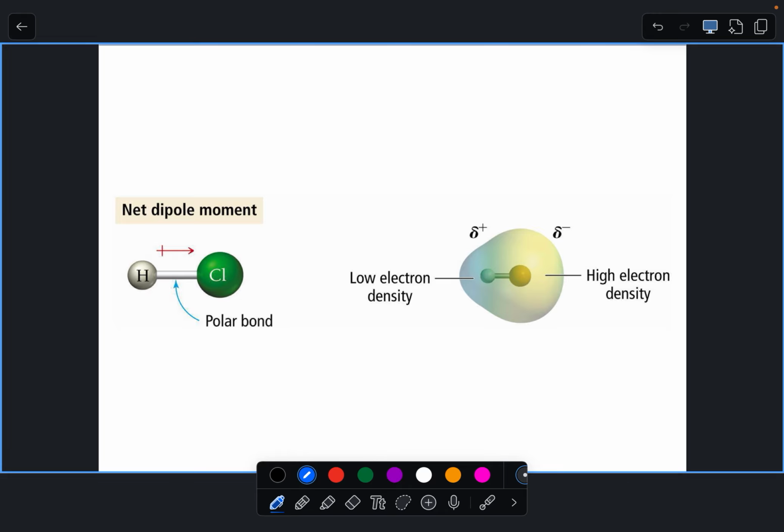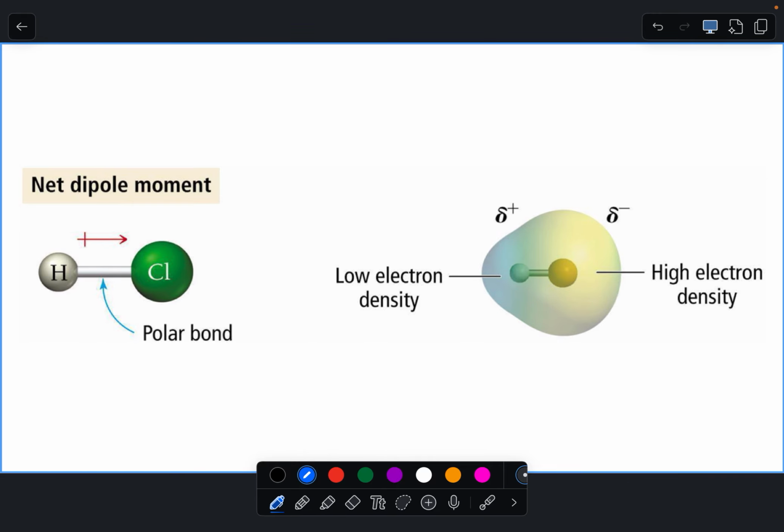So in both of these, we're trying to show HCl. This is the picture we were maybe most familiar with from the last chapter, where we indicate which is positive and which is negative based on electronegativities.